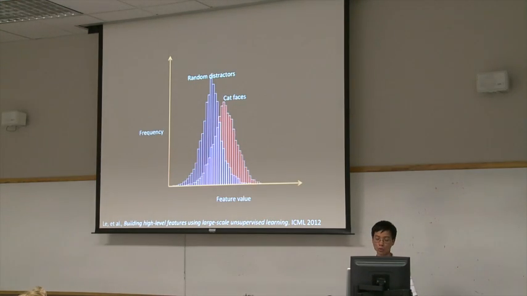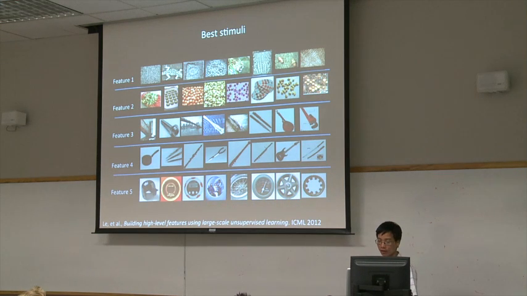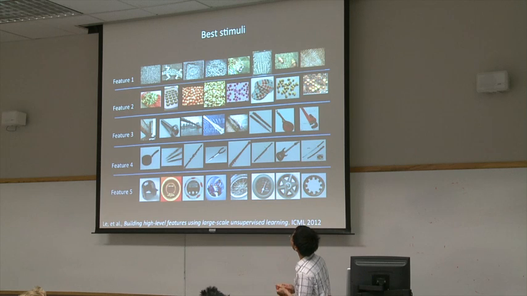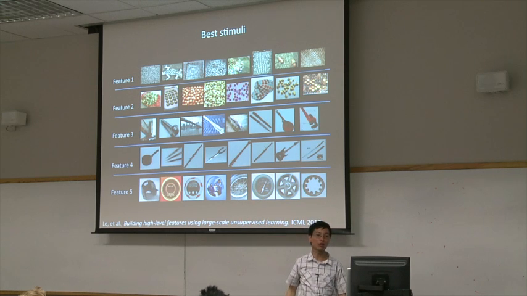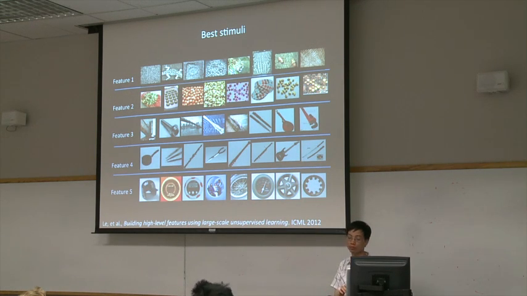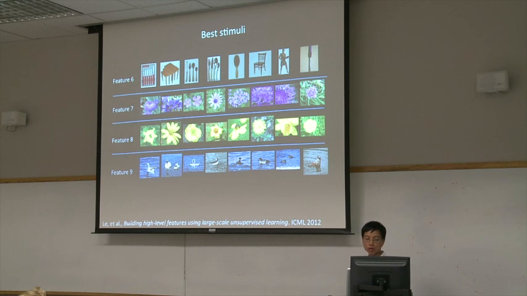Okay, so there are a lot of other features as well. For example, we have dotted features, diagonal edges, and circular detectors, and I want to point out that there's a lot of invariance going on. For example, this circular detector is invariant to out-of-plane rotation, and the feature seems to be able to capture that. It also groups pink and purple flowers together in one feature.